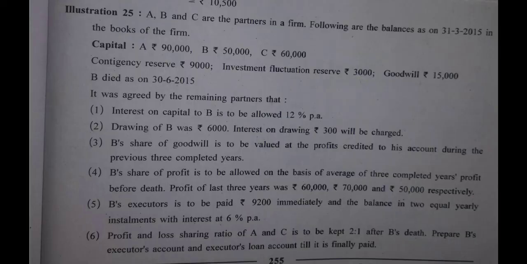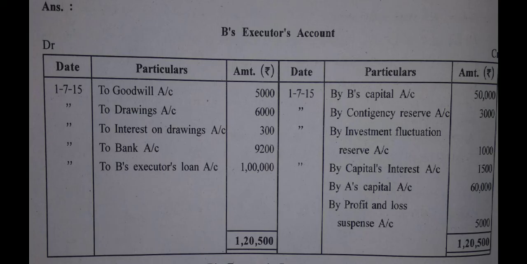This is your question. The capital of B, you can see what it is, 50,000. The amount of capital is to be credited in his executor's account. If it was B's capital account, what you must have written? You must have written by balance brought down.